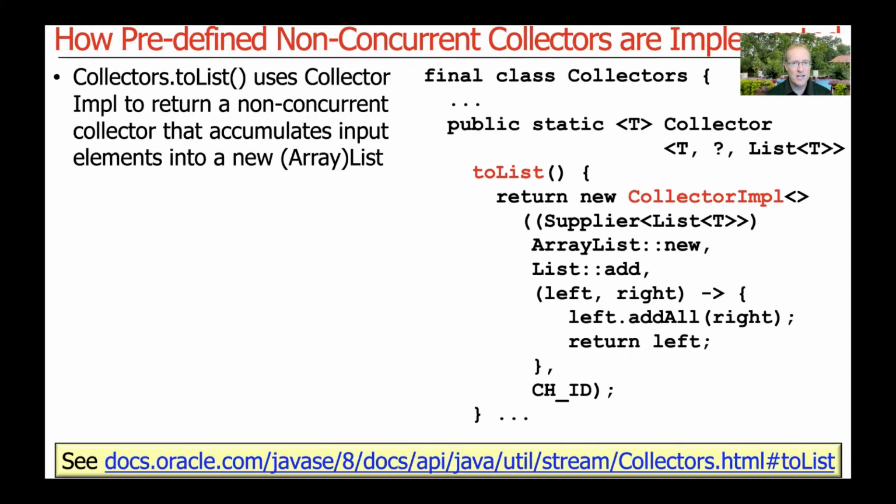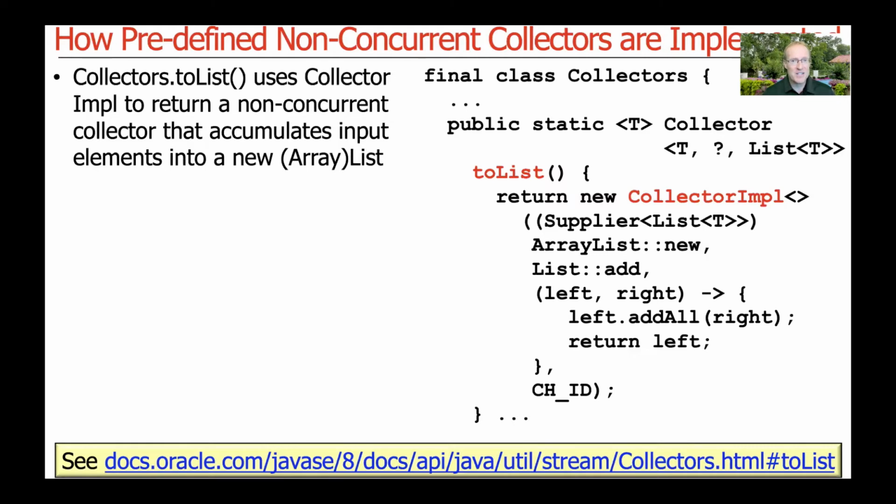It also takes a method reference that will be used as the BiConsumer that will put the next element in the stream into the collection. In this case, that's going to be List::add.